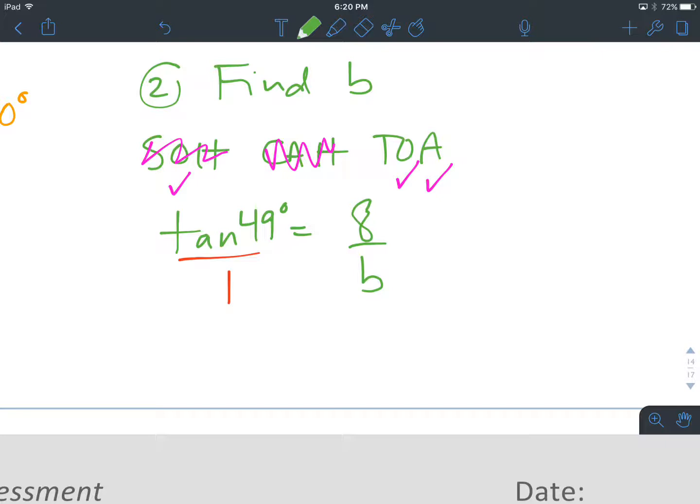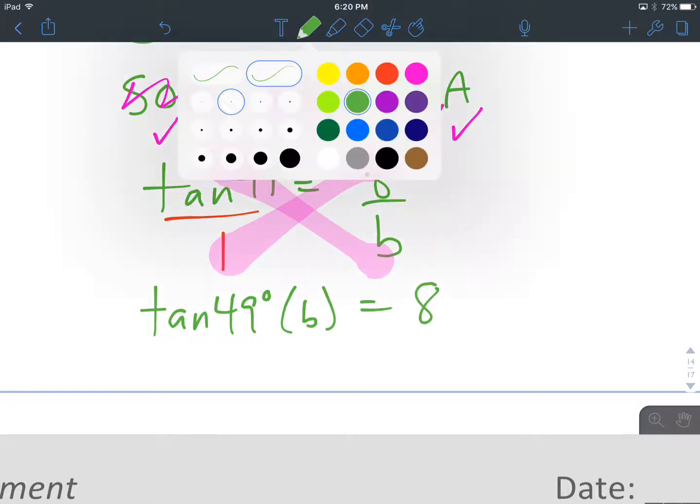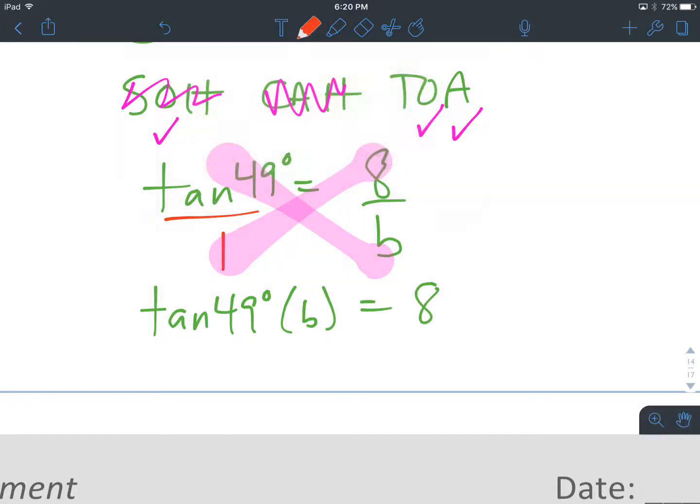And we're going to cross multiply here. And that's going to give us tan of 49 degrees times b equals 8. And to get b alone, I'm going to divide both sides by tan 49. I totally ran out of space here, friends.